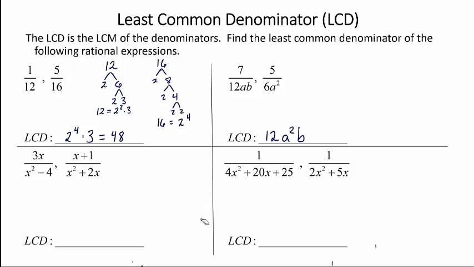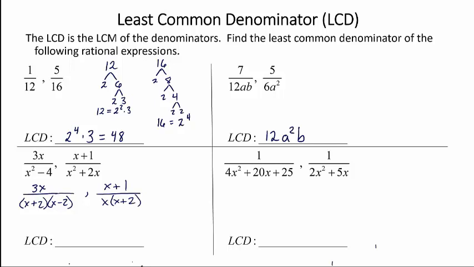Now, in this next example of 3x over x squared minus 4 and also x plus 1 over x squared plus 2x, I want to factor those denominators and figure out what those factors are. In the first fraction, I'm going to have 3x over x plus 2 times x minus 2, since it's the difference of squares. With the other fraction, I'll have x plus 1 over x times x plus 2; you can factor an x out there.